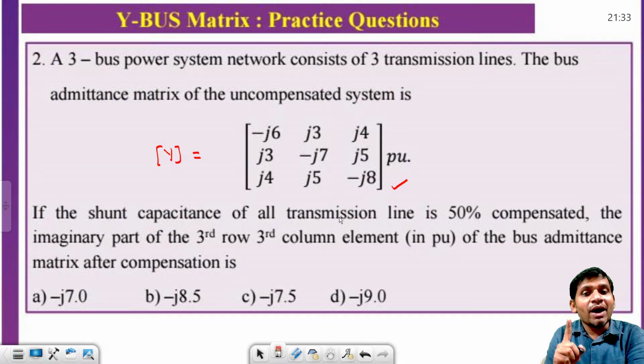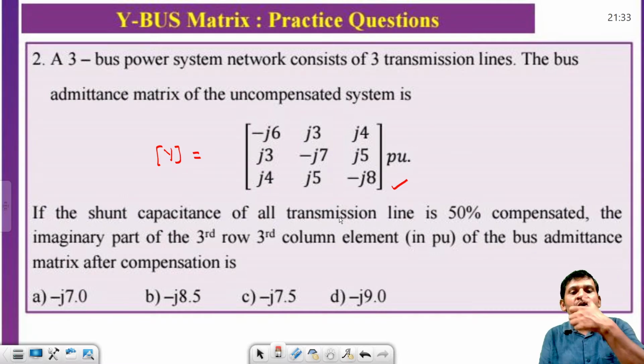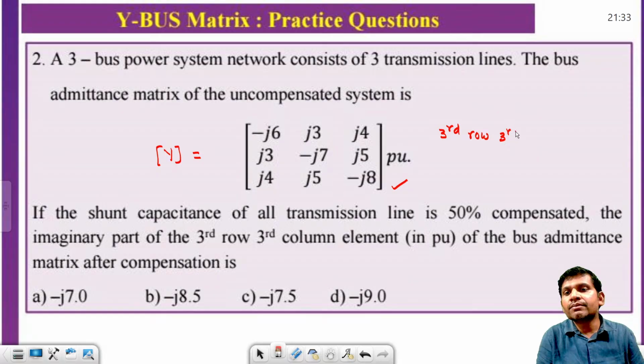The shunt capacitance of all transmission lines is 50% compensated. The imaginary part of the third row, third column element of the bus admittance matrix after compensation is, that is, you have to calculate the third row, third element after compensation.